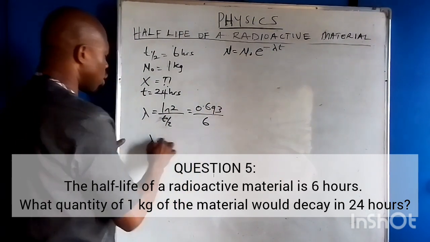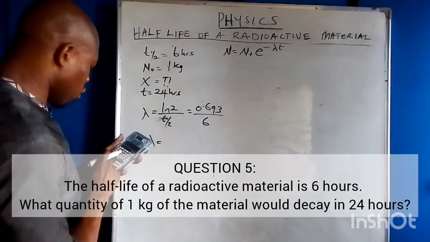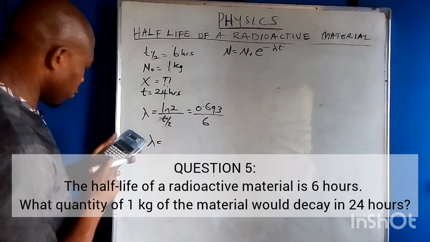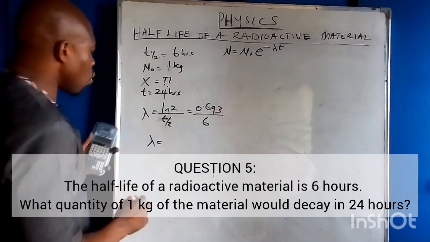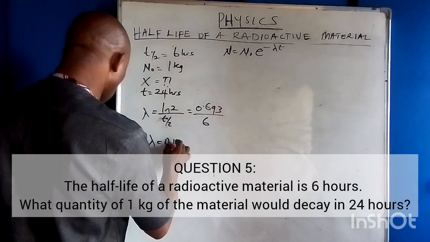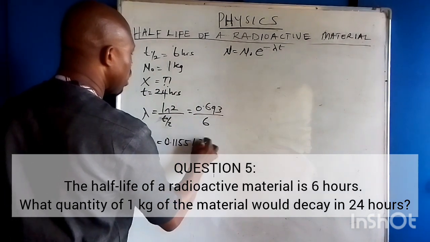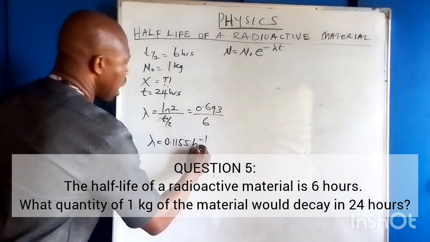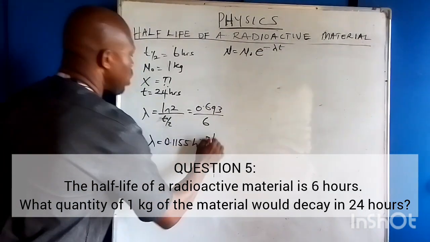Therefore, the decay constant will now give us 0.693 divided by 6. We now have that the decay constant is 0.1155 per hour. You can say h raised to power minus 1.